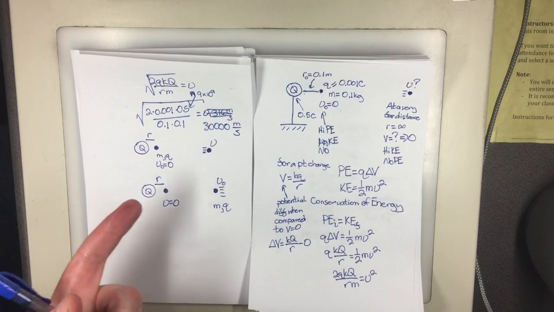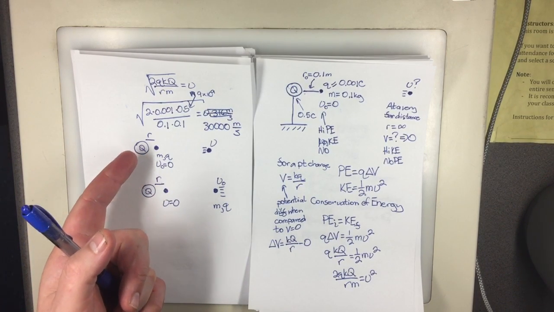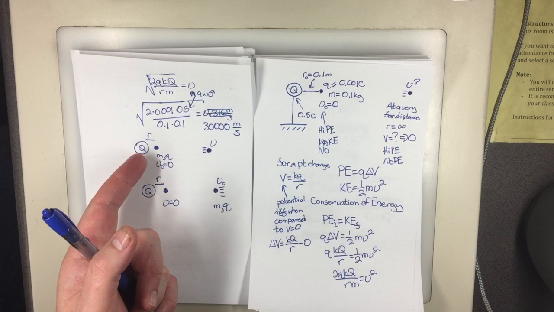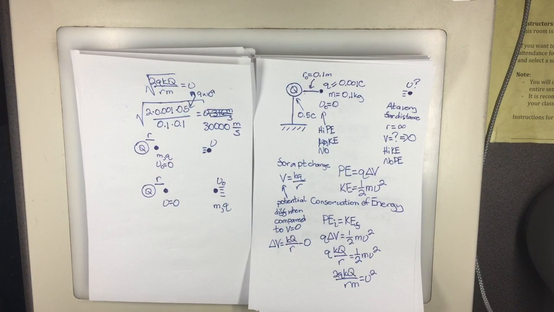Now, what we've done is the upper problem, where given an initial velocity of 0, you let go from a big charge. That little charge experiences a particular potential due to the big charge, and at a very far distance it has a particular velocity of 30,000 meters per second.